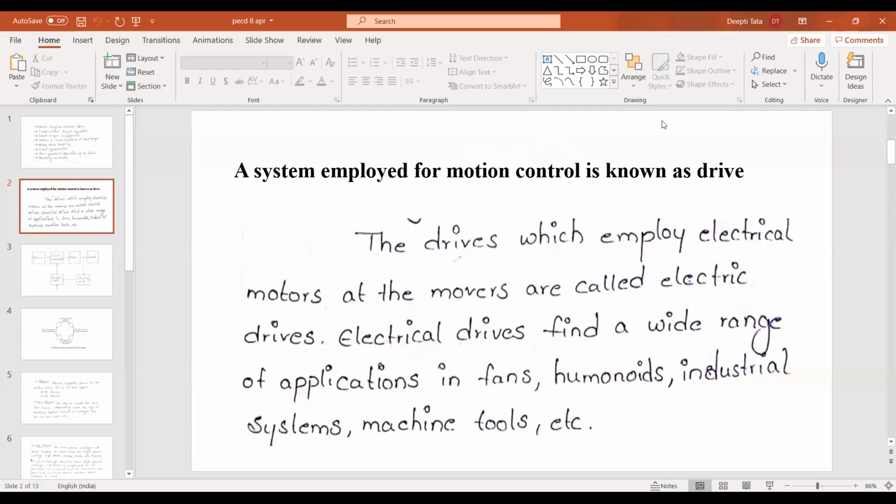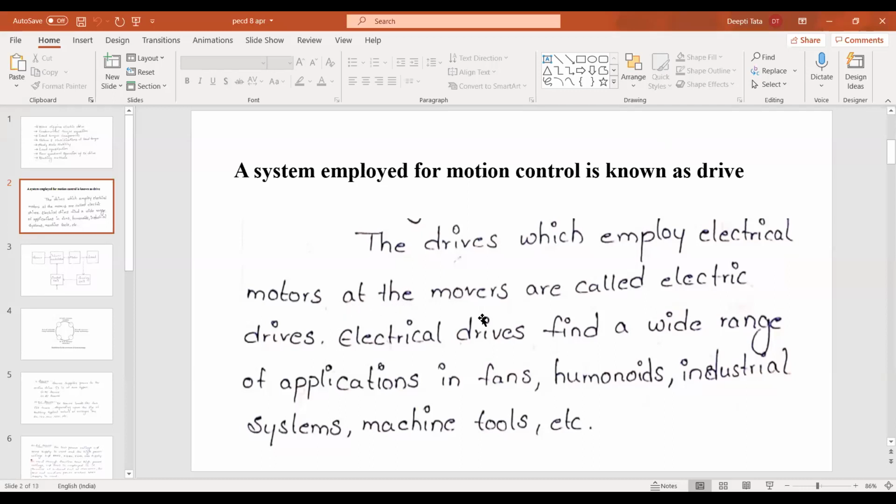Listen carefully. The system which is employed for motion control is nothing but a drive, and the drives which are run with the help of electric motors are known as electric drives.